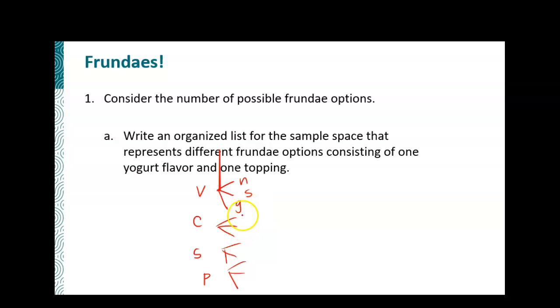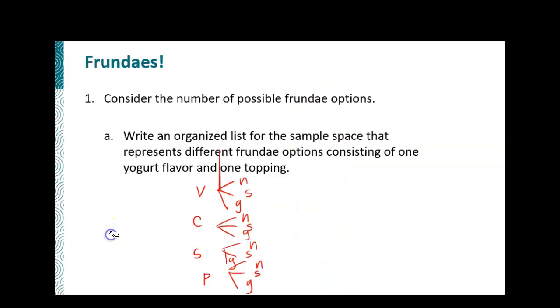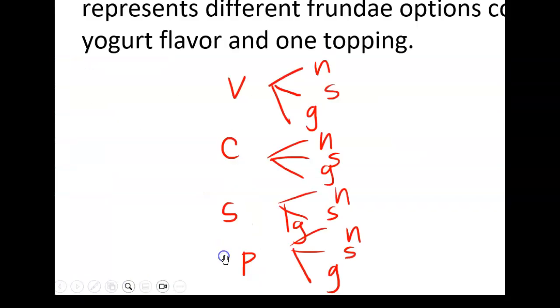So NSG, nuts, sprinkles, granola, for each one. Okay, please draw your tree diagram so you don't forget. This was one of the IXL skills, with sample space.